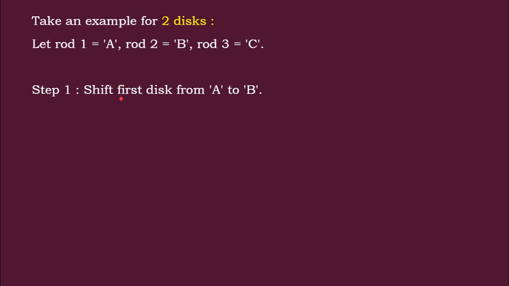Just assume there are rods A, B and C. You have to move the two disks which are in the first rod A to rod C. So what we have to do first is shift the first disk from A to B. That means we move the top disk of the stack to the temporary rod, which is B. Now shift the second disk from A to C, from the first rod to the third one.